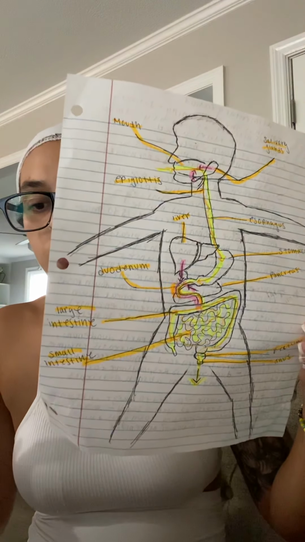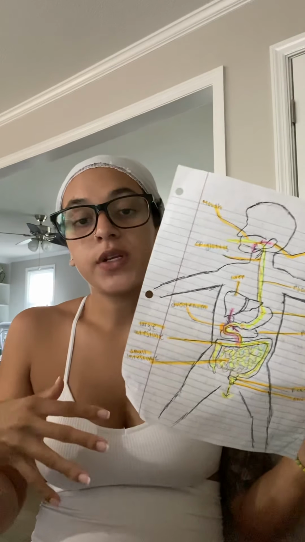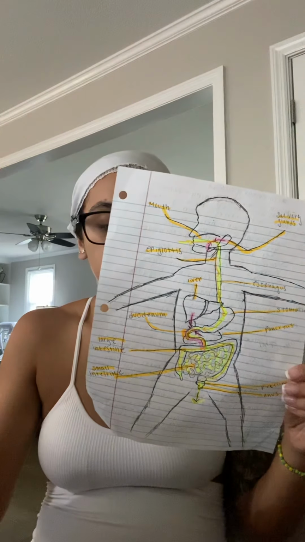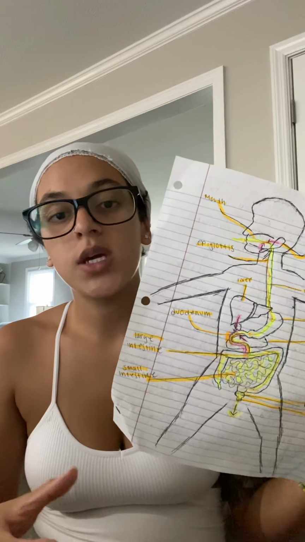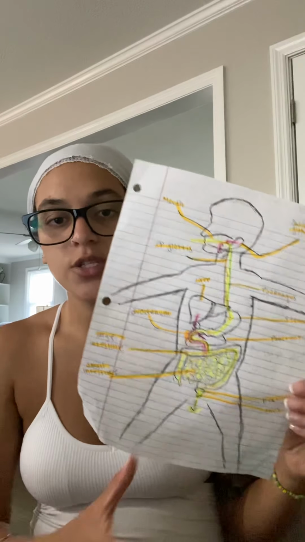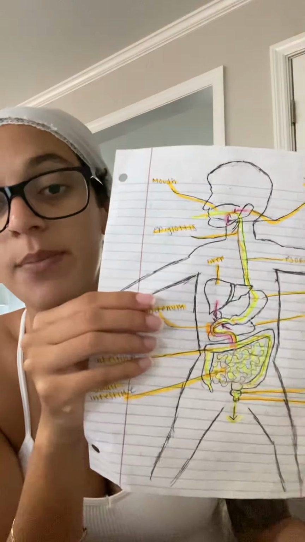So once we're ready to go to the bathroom, the external sphincter will relax and release the content, which is at this point completely waste. It is digested food and dead blood cells, and that is how we get a bowel movement.